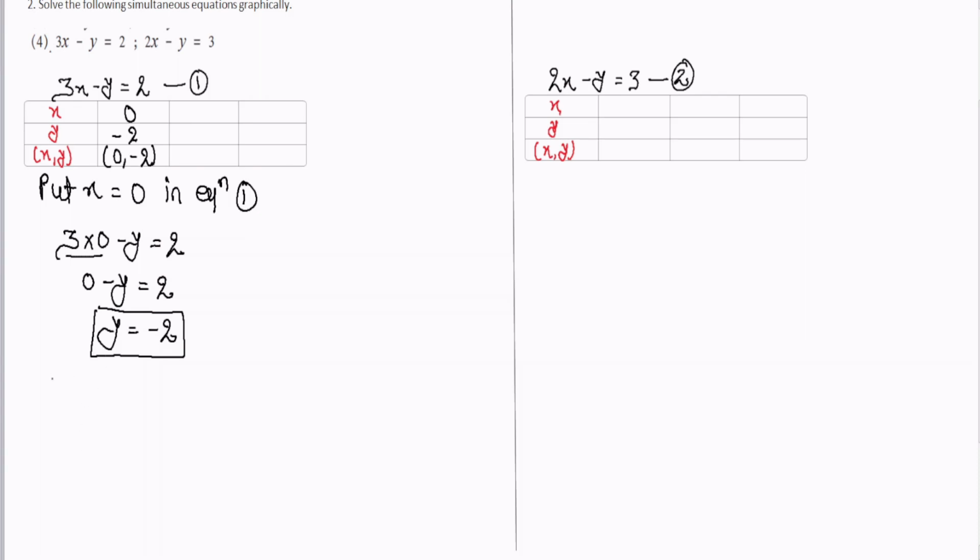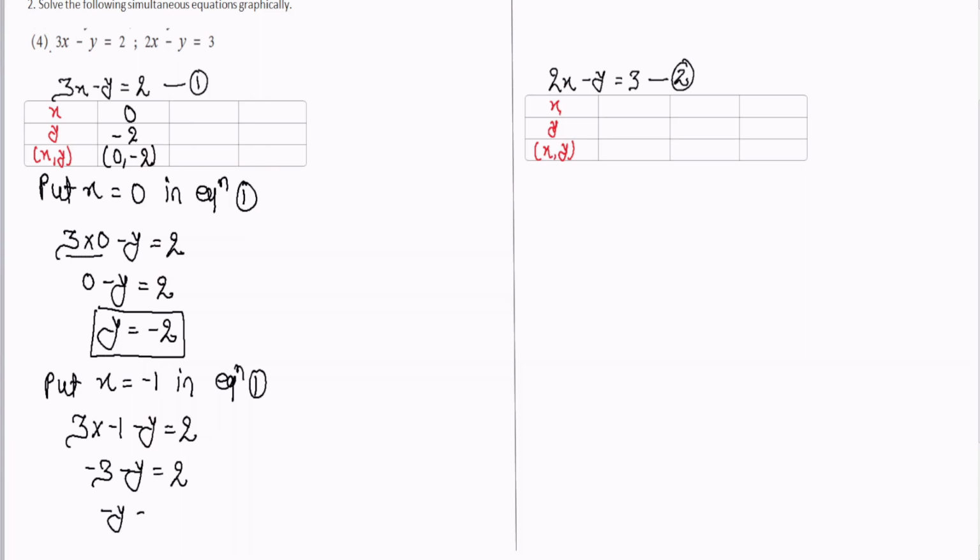Okay. Now let's put x is equals to minus 1 in equation 1. So what will we get? 3 into minus 1 minus y is equals to 2. So this will be minus 3 minus y is equals to 2.